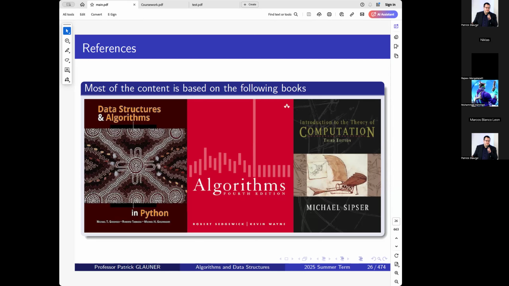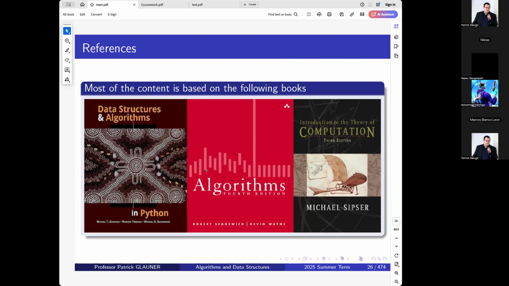There are obviously other topics that are not part of the Goodrich book that I'm teaching, but probably like 2/3 or something of the course is somehow linked to the Goodrich book. And the Goodrich book provides you with maybe further readings, more insights, and more details that you're welcome to read.